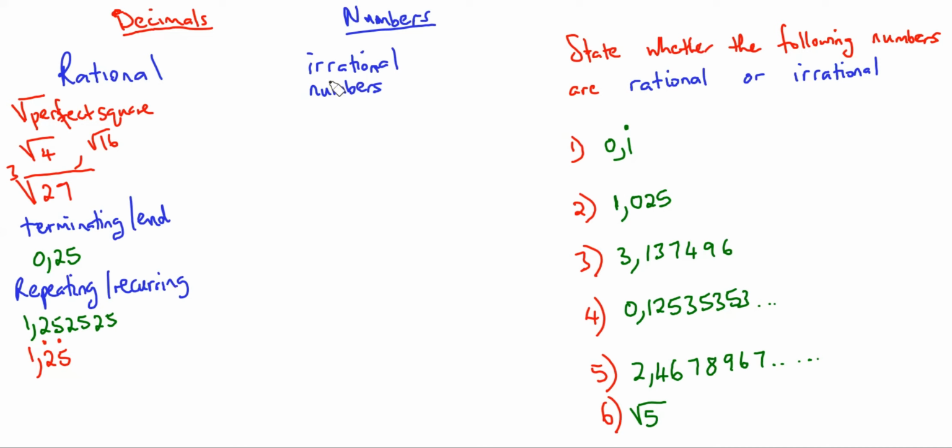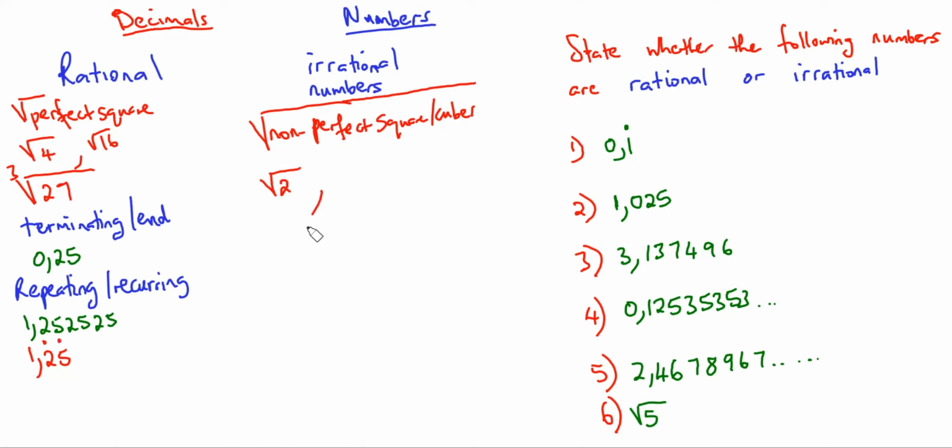Okay. Now let's move on to the irrational numbers. In irrational numbers, we are looking at roots of non-perfect squares, and also non-perfect cubes. A very good example here is the square root of 2.